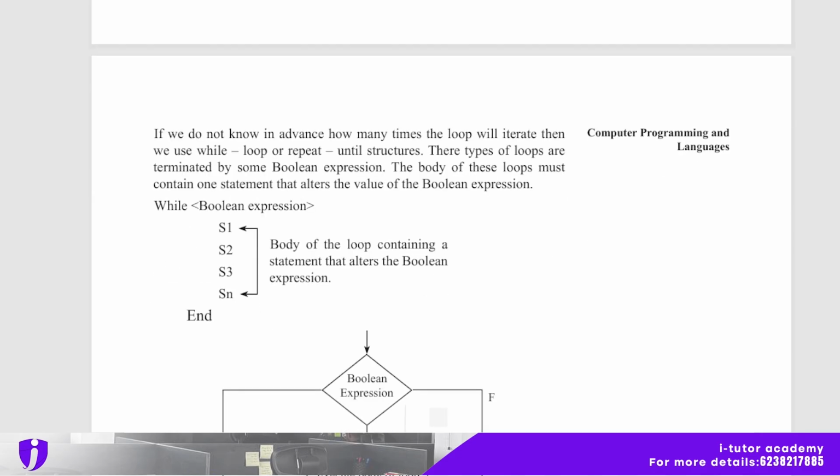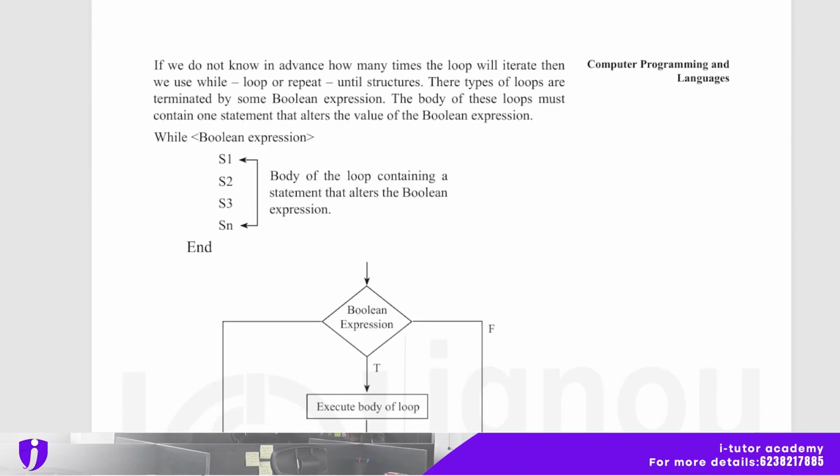And if we do not know in advance how many times the loop will iterate, then we use a while loop or repeat until structure, and these types of loops are terminated by some boolean expression. The body of these loops must contain one statement that alters the value of the boolean expression.